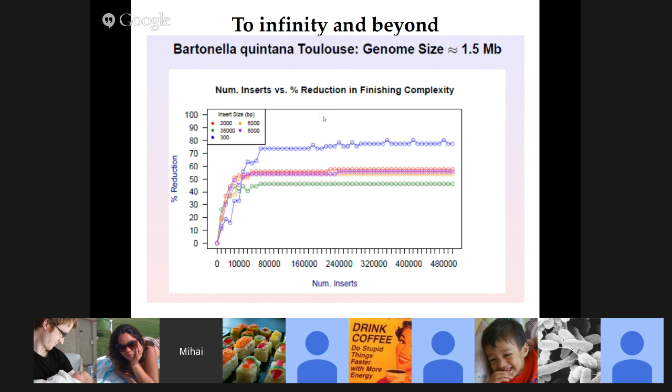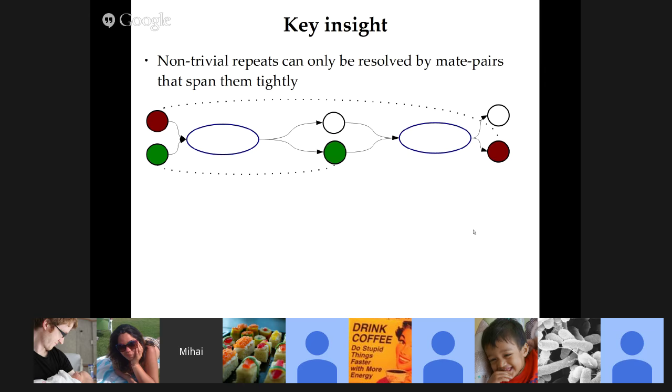If I get to 100%, that would mean the genome is reconstructed in a single piece. It's pretty clear that it doesn't matter how much data I generate with mate pairs, and it also doesn't matter which size it is, because I started with size 300 going up to 35,000, which is this green line here. In all cases, I stop short of actually resolving the genome completely. So the information contained in mate pairs is not entirely sufficient to solving repeat information.